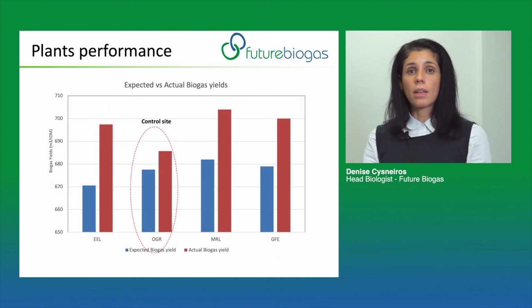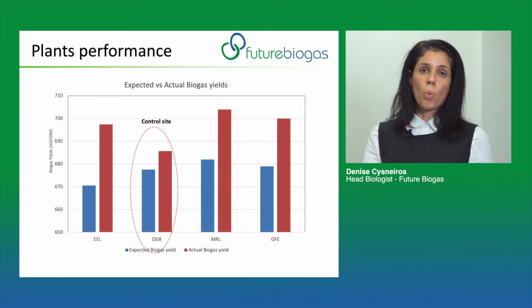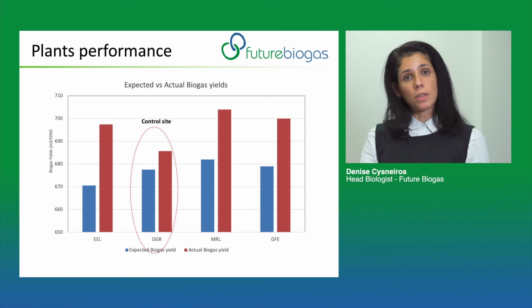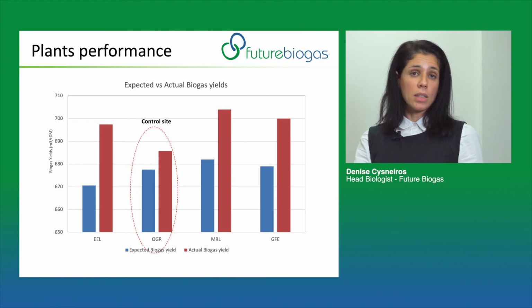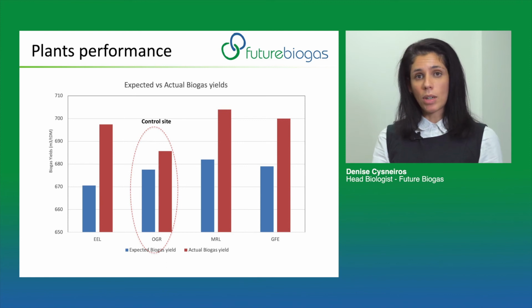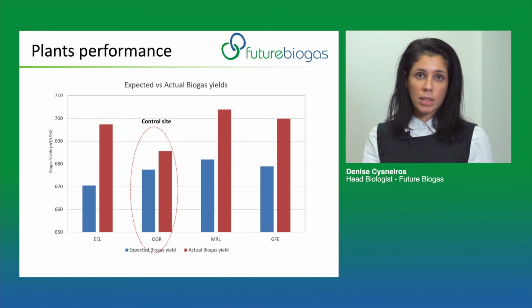Another way to see the data is comparing what you actually got in terms of yields and what you would expect for the feedstock, because I mentioned earlier that the biogas yields will depend on what you feed. So if you compare the expected biogas yields with the actual biogas yields, our actual biogas yields were higher than the expected.